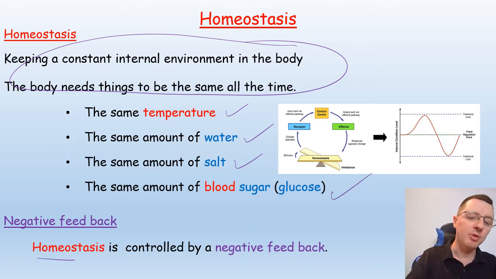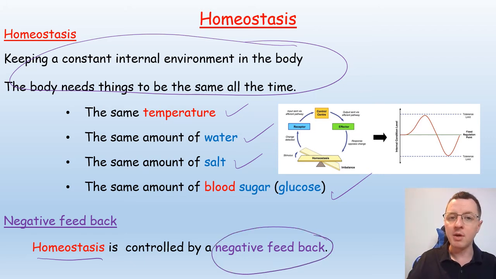Homeostasis mechanisms are generally controlled by negative feedback. And what this means is that as one particular factor, for example, the blood sugar levels or blood glucose levels, rises too high, there will be a controlling mechanism which will bring that blood glucose level back down to normal.